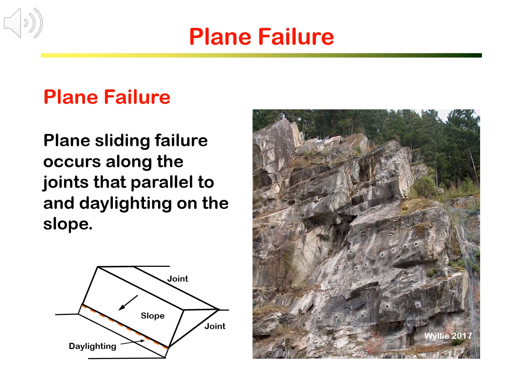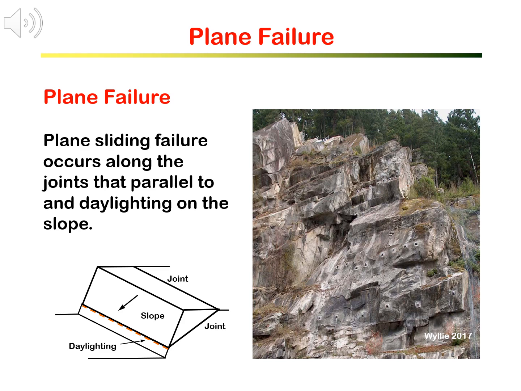Plane failure occurs in rock slopes when rock discontinuities, such as bedding planes and joints, are dipping in more or less the same direction as the slope, but with a gentle dip angle.